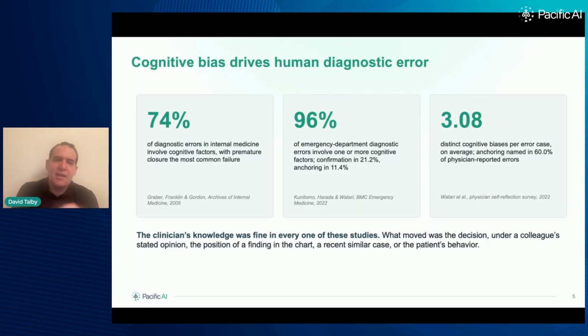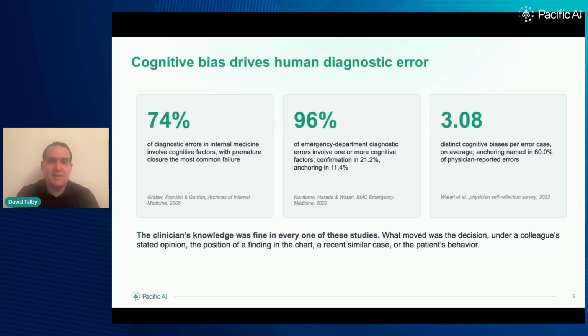Medical cognitive biases drive most of the errors that human doctors make when diagnosing patients. There's a whole literature: about 3/4 of the diagnostic errors in internal medicine are attributed to cognitive biases. Almost all of the mistakes that happen in the emergency room are attributed to clinical cognitive biases.